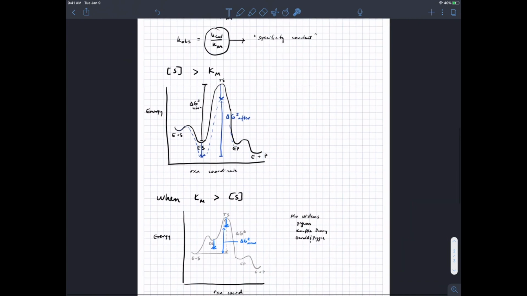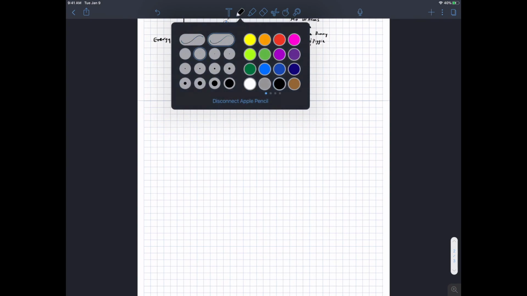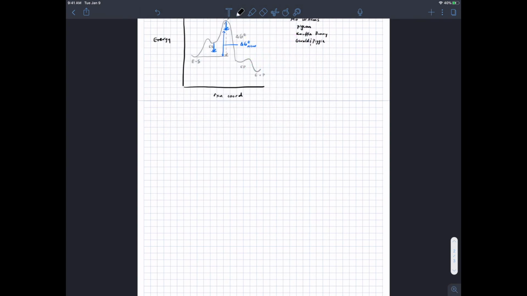And so the big point to take from this is beyond a certain point, it doesn't make sense for the enzyme to improve its binding to a substrate because that's not going to improve catalysis. And so what you see in enzymes, this is really kind of cool, a lot of enzymes have Km values that are equal to or maybe just a little bit greater than the physiological substrate concentration.